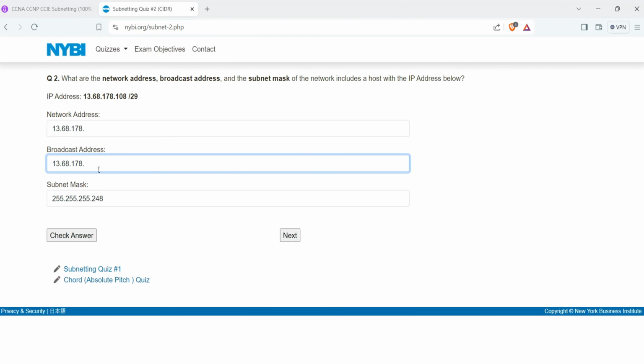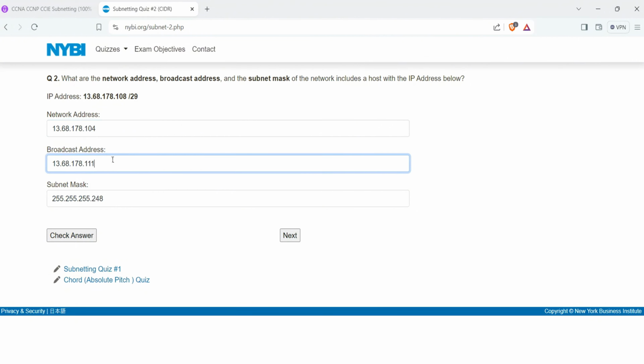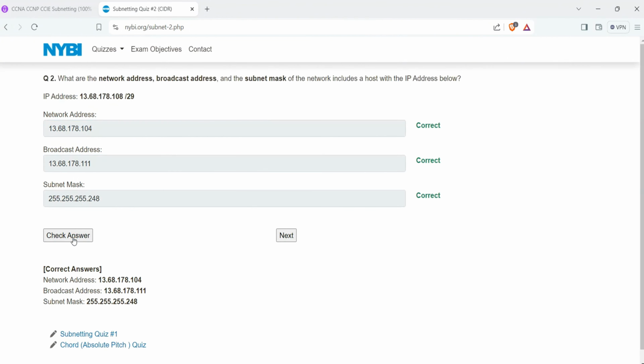What is it over here, right? So this is the number that I want to actually see. 108. Okay, the jump start is 8. 8 times what? I mean, eventually 8 times 10 is 80, 88, 96, 104, 112. So 104 is the network ID, and the next network is 112. 111 is the broadcast. And check answer.